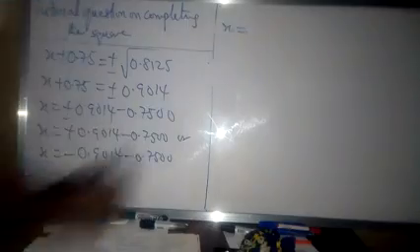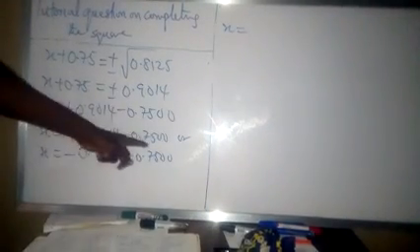If you have the first one, x will be equal to 0.9014 minus 0.7500, which is 0.1514.